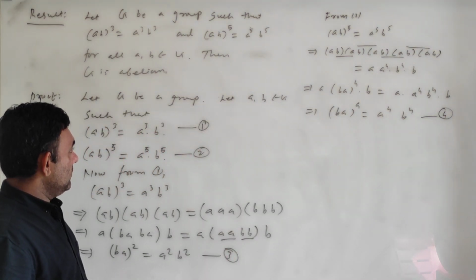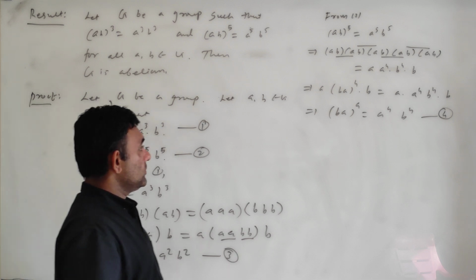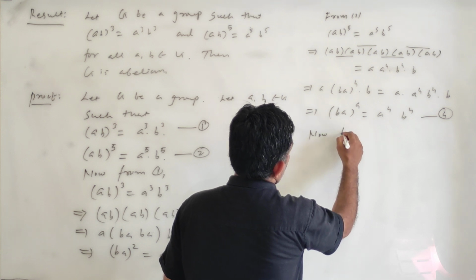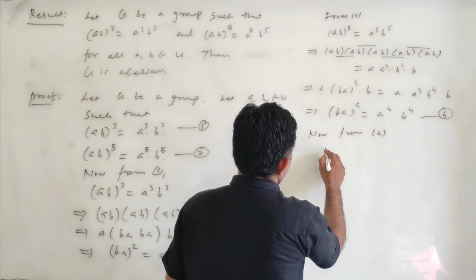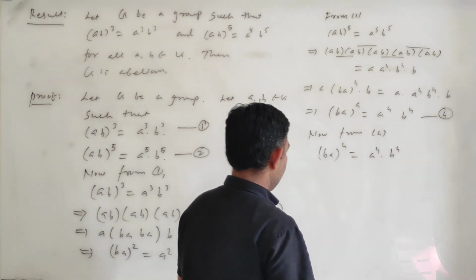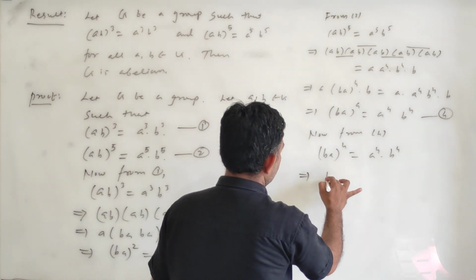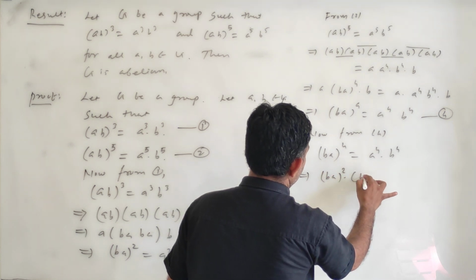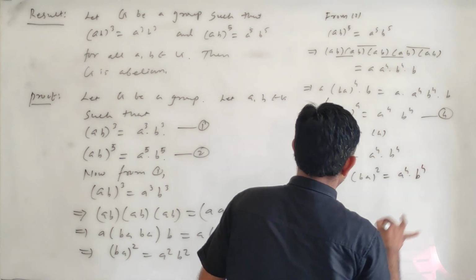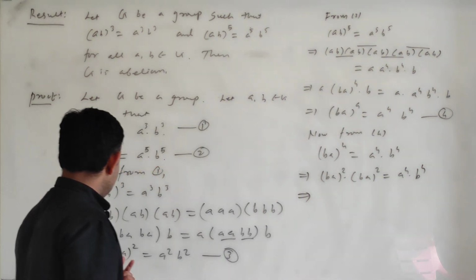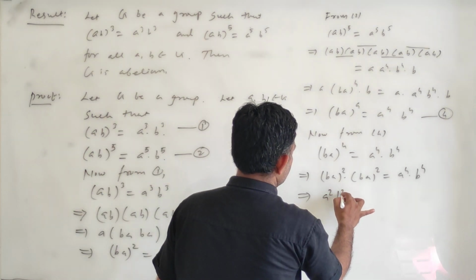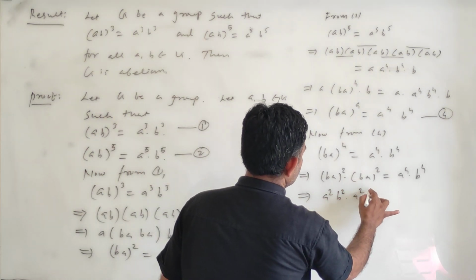Okay, so now from 4, what I have? (BA) raised to 4 is equal to A raised to 4 into B raised to 4. So (BA) raised to 4 can be written as (BA) square into (BA) square, and this is A raised to 4 into B raised to 4. (BA) square is A square B square, so I can write here A square B square, and (BA) square is again A square B square.